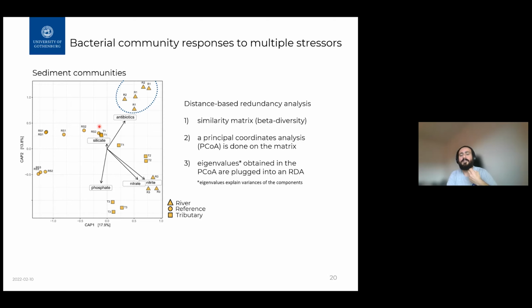And we can focus, for instance, on the antibiotics, this mixture of antibiotics, which actually explains very well the variation in sediment sampled from River site 1 and River site 2. This is very, very consistent.